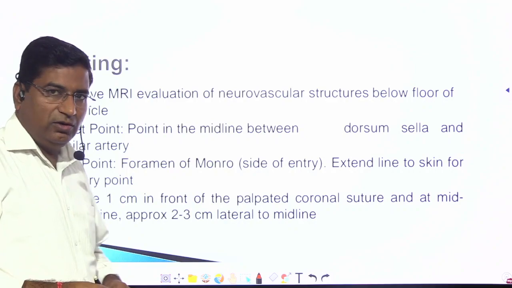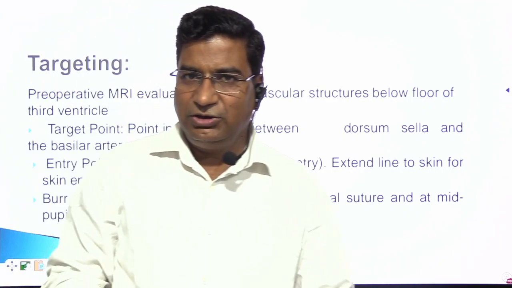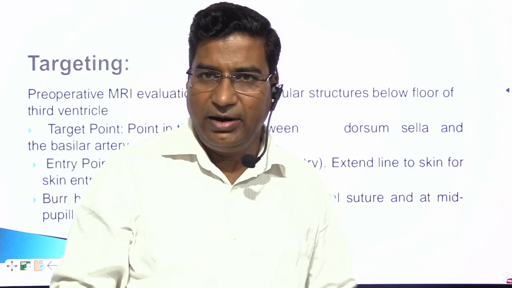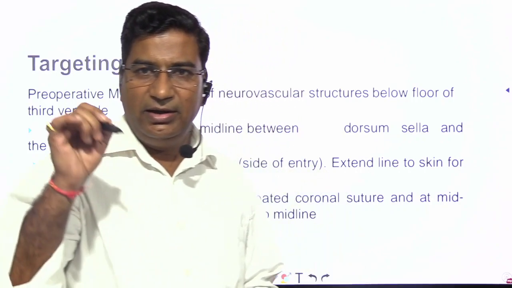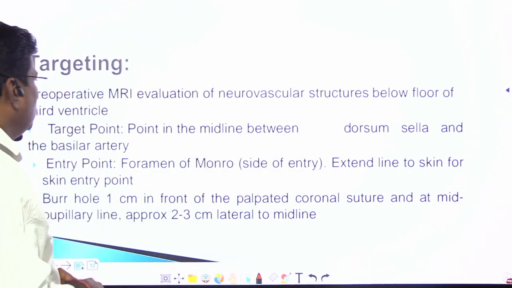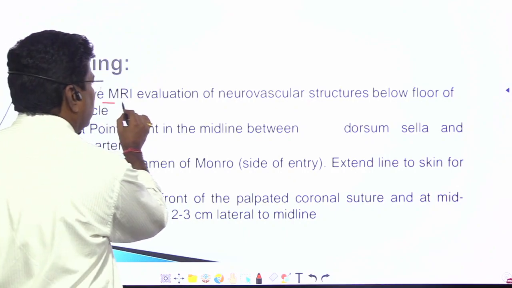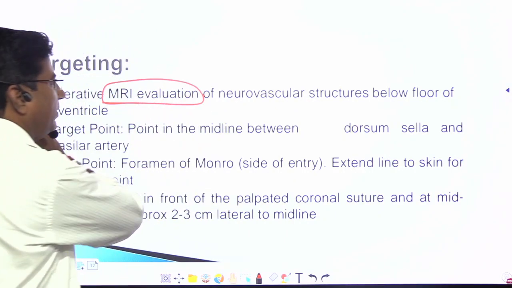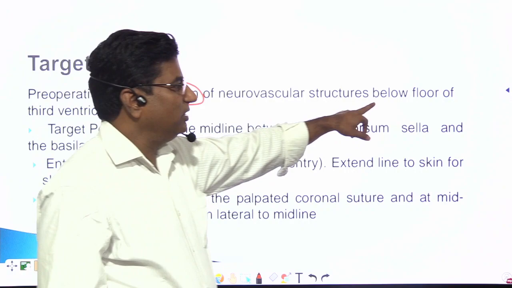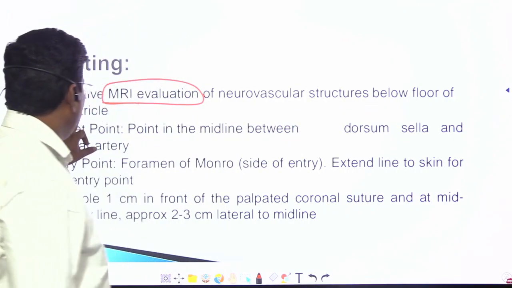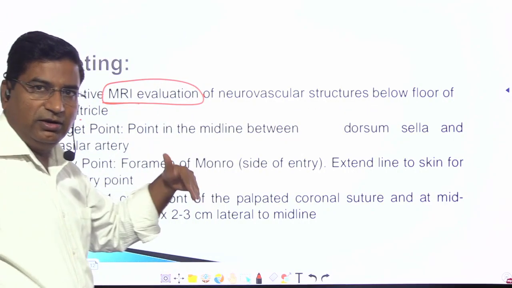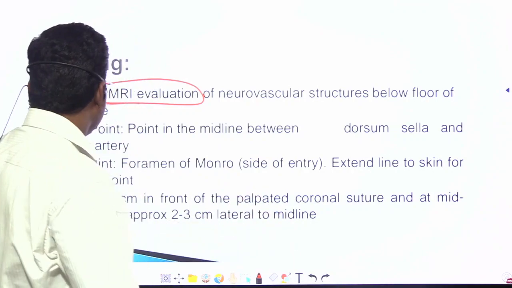Now the targeting technique. First you decide the target, the entry point and the skin entry point. Preoperative MRI evaluation is a must, of the neurovascular structures below the floor of the third ventricle, as we discussed in the previous slide.